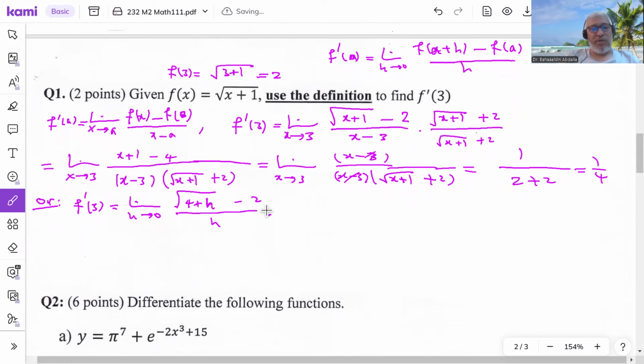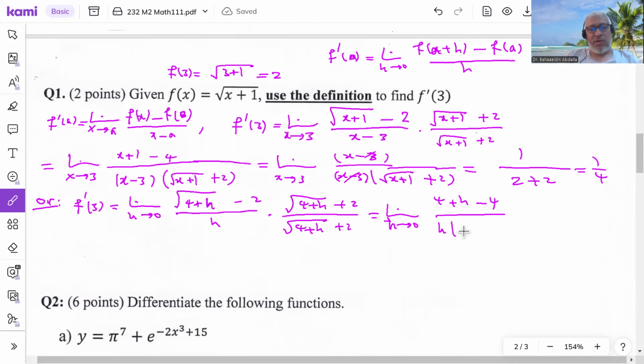And again, you need to multiply by the conjugate, because if you replace h by 0, you will get 0 over 0. So multiply by square root of 4 plus h plus 2 over square root of 4 plus h plus 2. Now, multiplying, I'll have 4 plus h minus 4 over h times square root of 4 plus h plus 2.